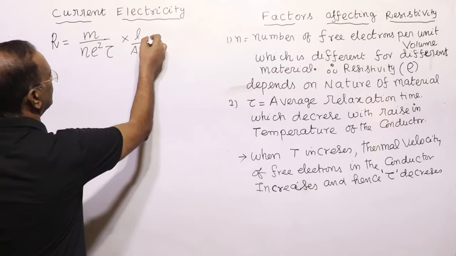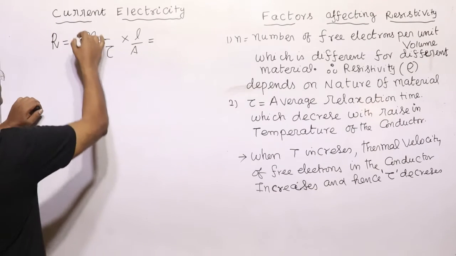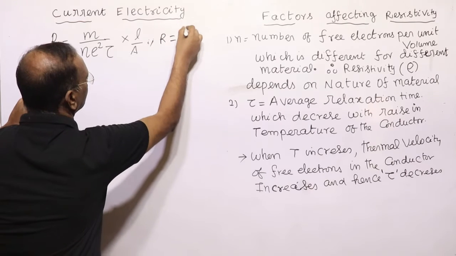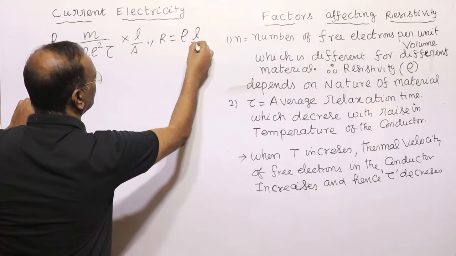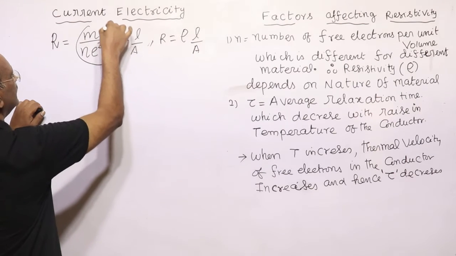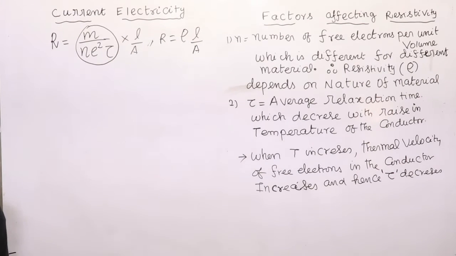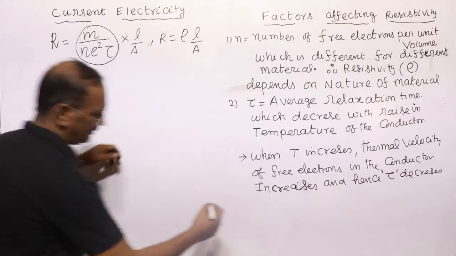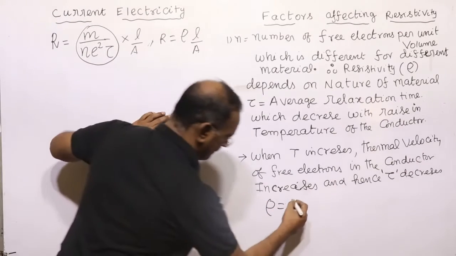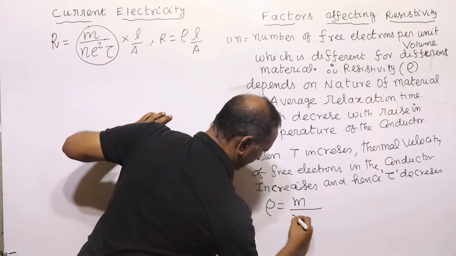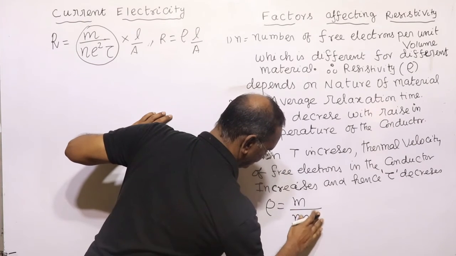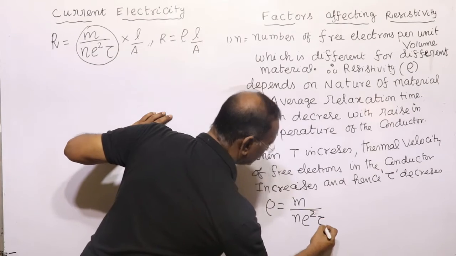Since R is equal to resistivity into L by A, this portion is the resistivity which we have already derived. Therefore, resistivity is written as m by n e square tau.